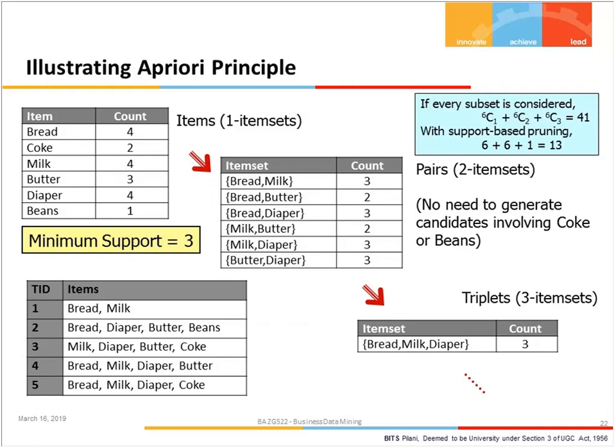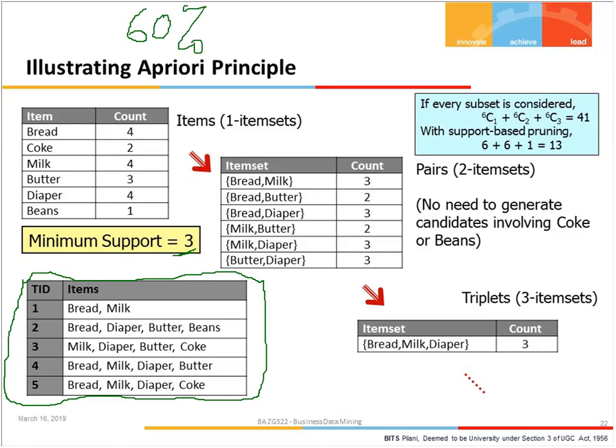Given this transaction database, we have decided that the support threshold is 3, or 3 out of 5, which is 60%. We want to find the support for bread. It is there in transaction 1, transaction 2, transaction 4, transaction 5.